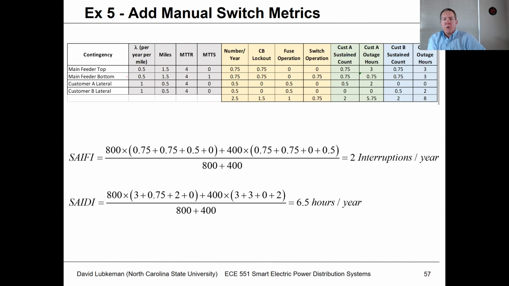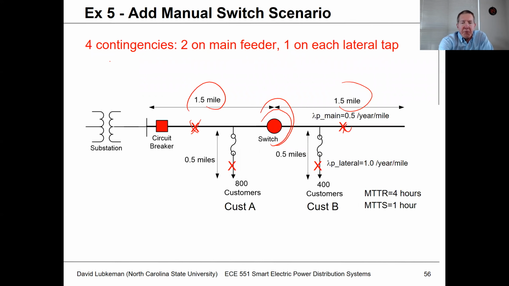What's going to happen if I have a fault on the top of the main feeder is I get the same results as before, because I have no backfeed for customer B. So both customer A and customer B are going to be out.